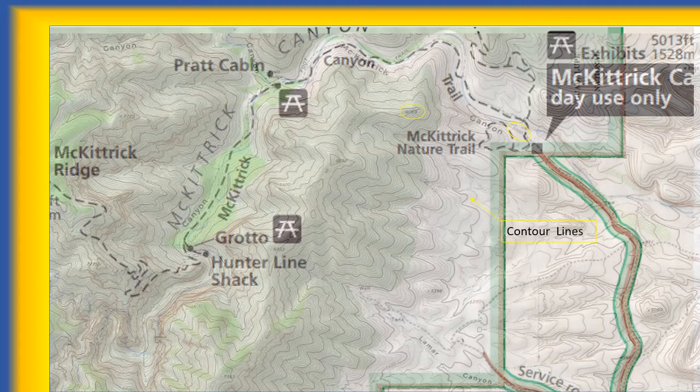And every squiggly line away from it represents another 200 feet higher, okay? And so if we go up 200, 400, 600, 800 to another 1,000 feet, the elevation here is 6,069, and that's how tall the peak of that particular mountain is.